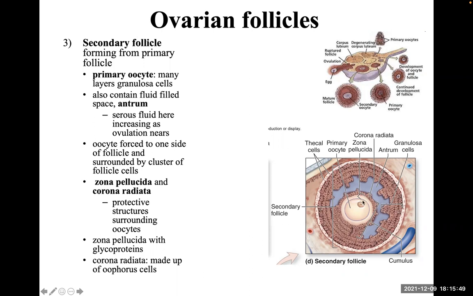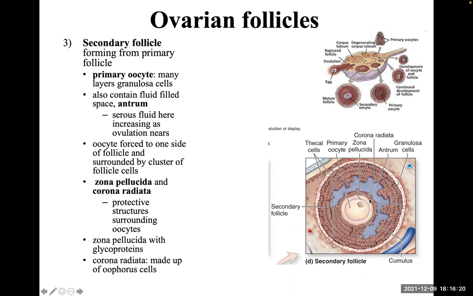The other thing that is specific to the secondary follicular stage is that the primary oocyte is not yet completely pushed up against the periphery because the antrum is much smaller. But all the same, this follicle does still hold a secondary oocyte. You also, at the stage of the secondary follicles, see the development of what we call the corona radiata, which is a layer of cells right on the outside of what we call the zona pellucida.